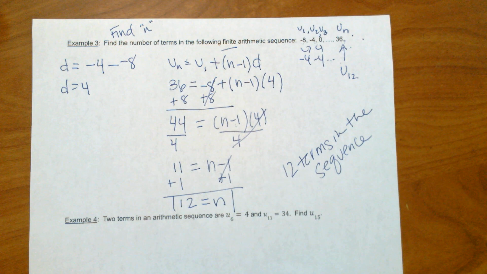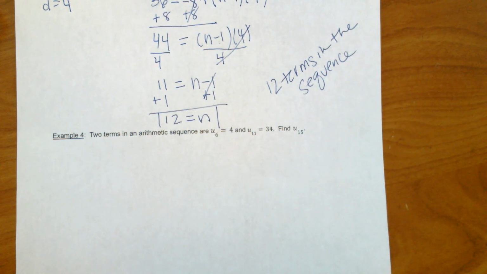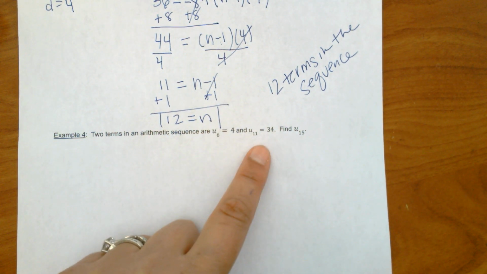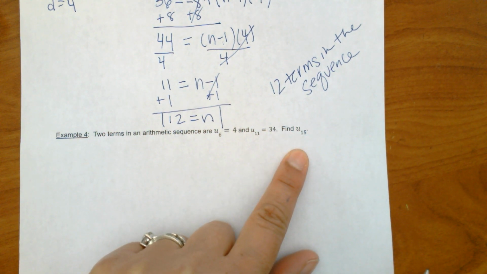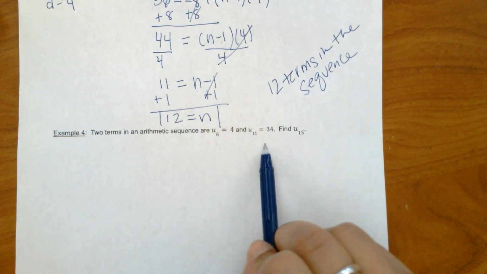Yay. Okay. And our last example for this video, 2 terms in an arithmetic sequence are u sub 6 equals 4, u sub 11 equals 34. We have to find u sub 15. So we're not given the first term or the second term. We're given the 6th and the 11th.